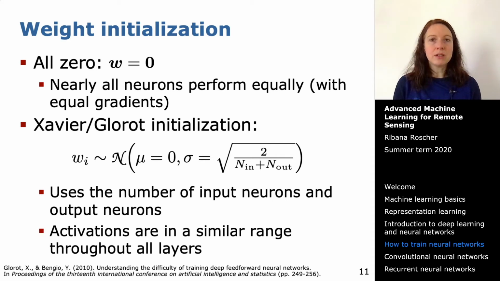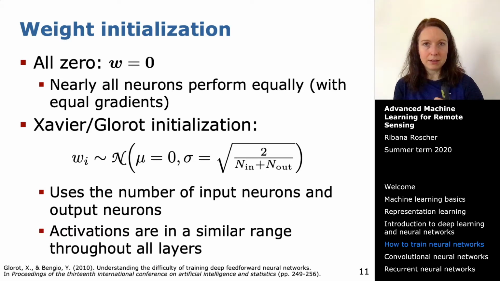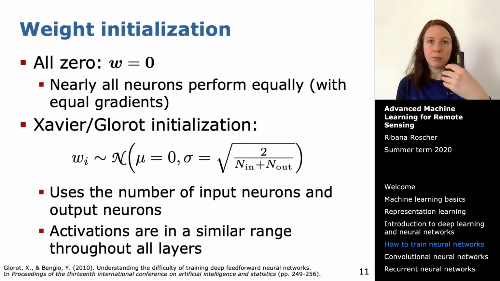A better choice is, for example, the so-called Xavier or Glorot initialization. Here the value the weights are initialized with depends on the number of input neurons and output neurons.